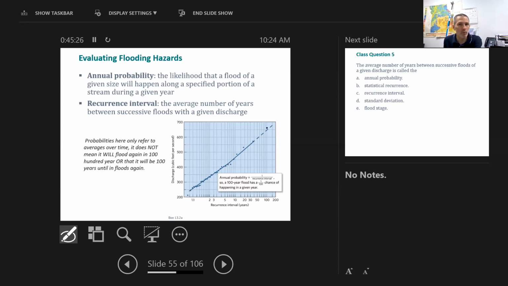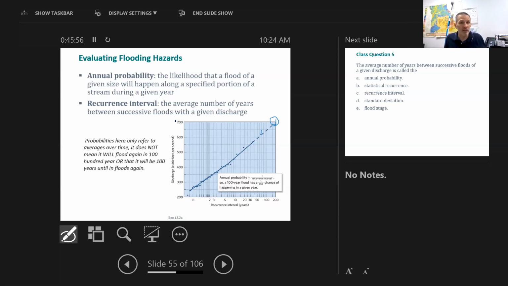And so then we can predict what the odds of something, say, the 200-year flood, even though we don't have 200 years of data, if we plotted enough of these points, we can extend this graph out to figure out something. Well, the odds of a 200-year flood occurring would be 0.5% in any given year, and it would have a discharge in this graph of 700.